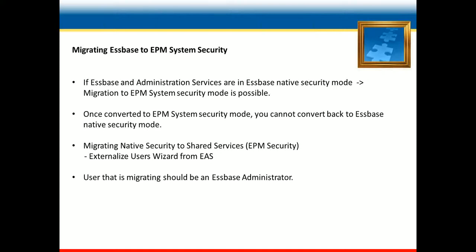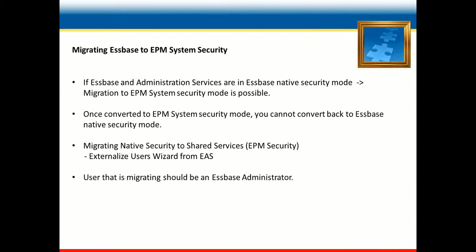Okay, so this is about migrating SBIS with native security to the EPM system security or to shared services. Earlier in SBIS, Hyperion did not have a centralized mechanism of managing security.